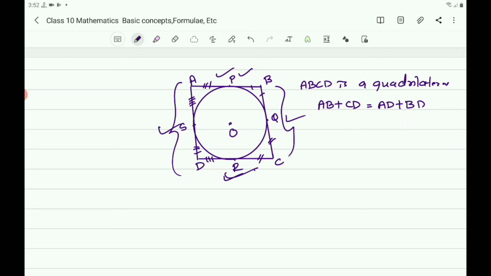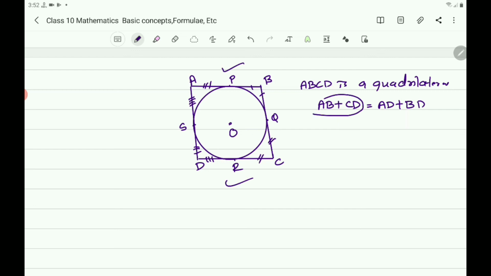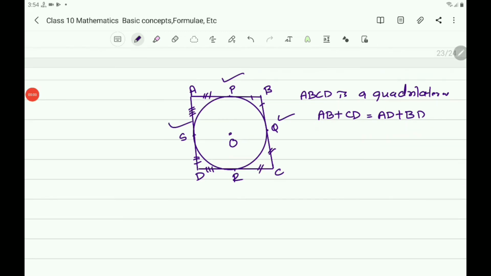If AB and CD are given, the same sum is for the other two sides also. If the sides of the quadrilateral are the tangents to the circle, then the sum of their opposite sides are equal. So you can use this concept while solving the multiple choice question.